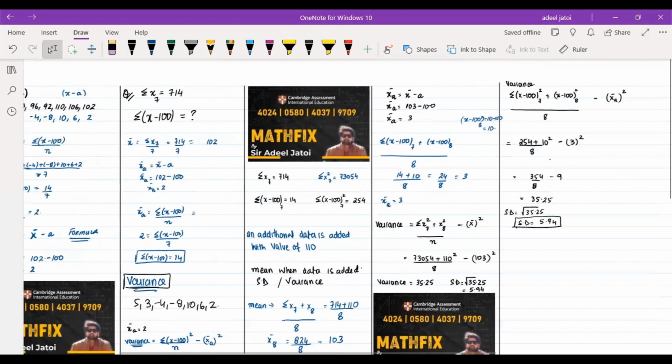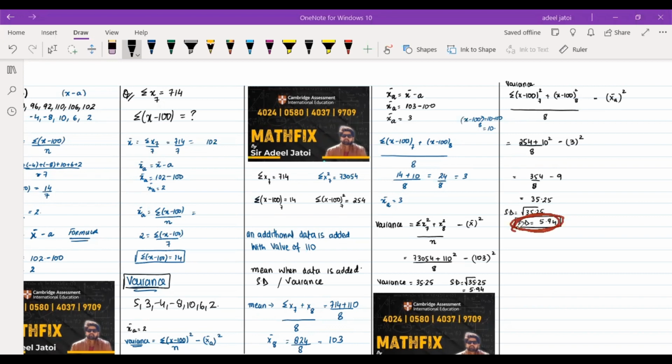In such questions, you need to remember that the examiner can always ask you the x minus 100 whole square value as well. Or the examiner can ask you the x square value, summation of x square. That means your data of standard deviation can be given.